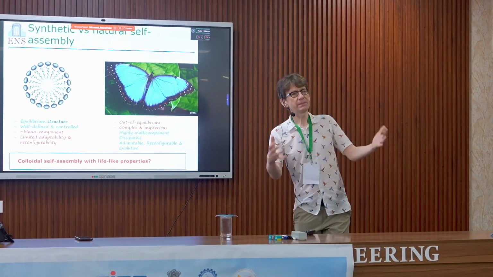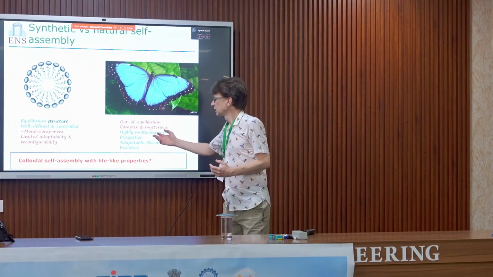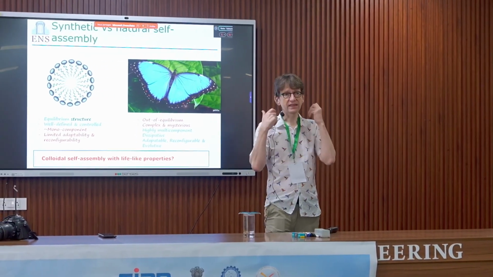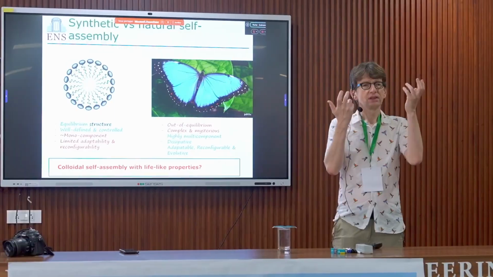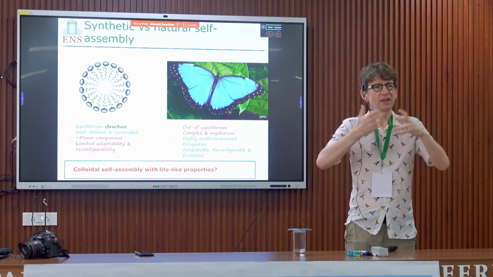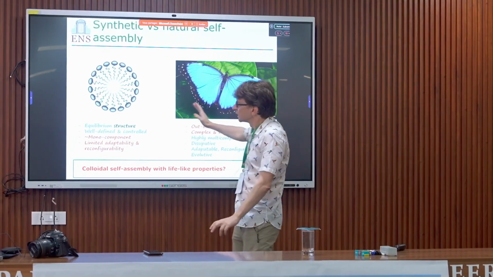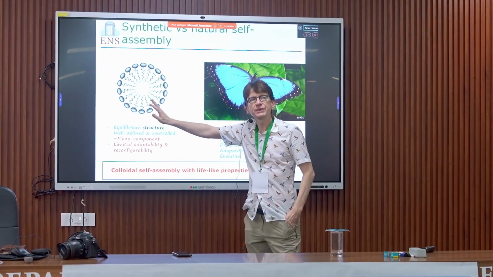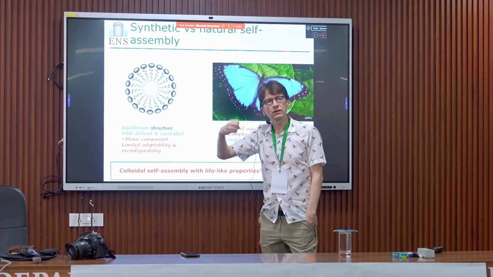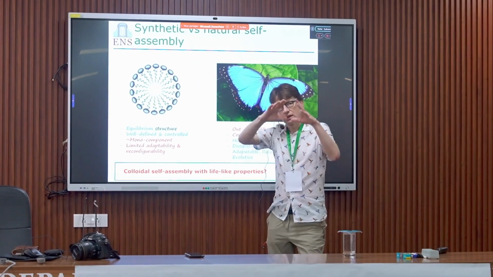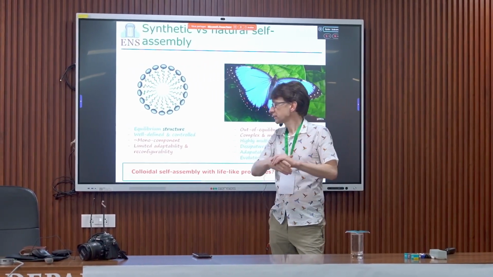And this is called dissipative, because it takes energy, so it dissipates energy to be maintained in a given state. This is very, very rare in synthetic systems. There are very few synthetic systems that consume energy to be maintained in a given assembled structure.